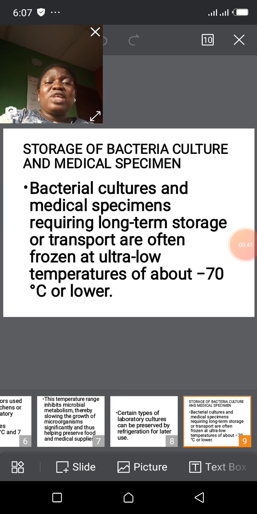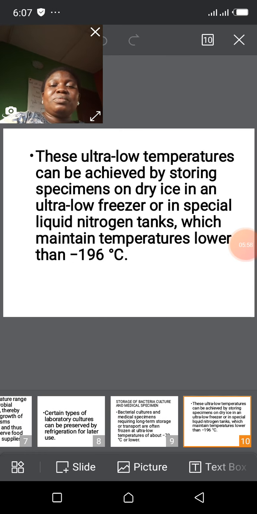To avoid contamination or other growth of microorganisms, all you do is store this kind of specimen in an ultra-low freezer. An ultra-low freezer has the ability to maintain about -70 degrees Celsius and even lower than that.